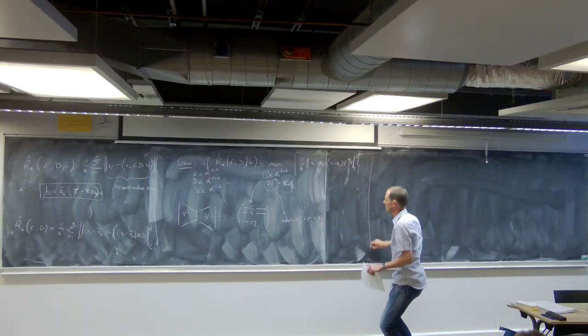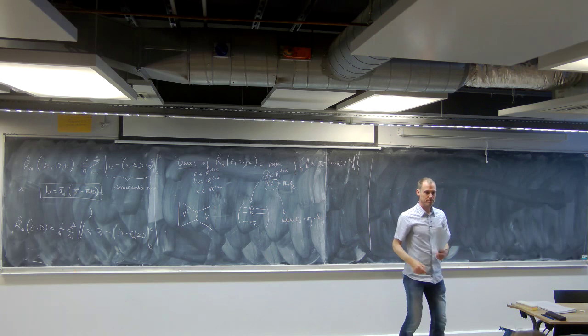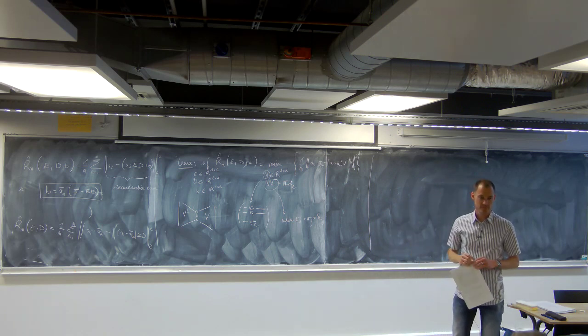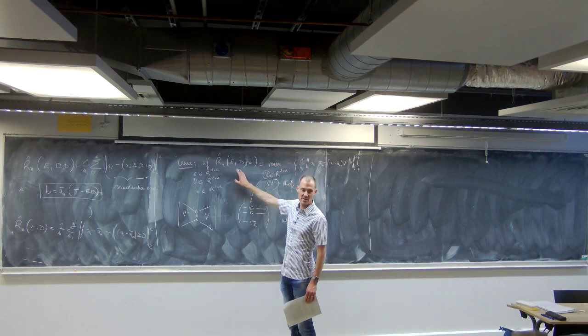So, okay, that's the result here. This means that ED at the minimum can be written as B transpose times D. Here I'm really minimizing over all possible matrices.